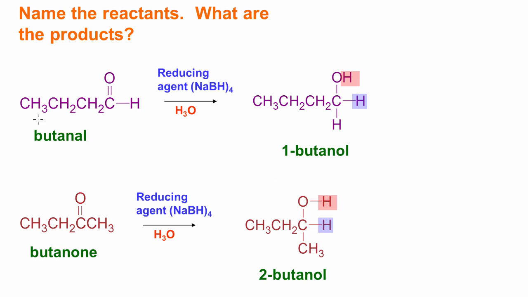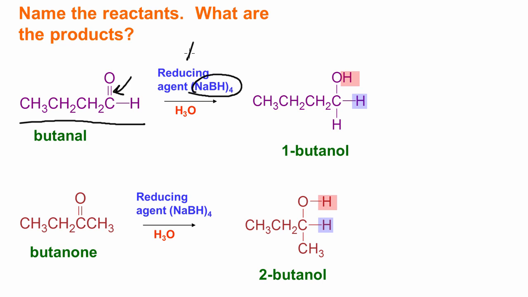So let's go ahead and look at the reduction of butanal. And so we know what's going to happen here. This double bond is going to partially break. Remember, we have that partial negative charge on the oxygen, partial positive on the carbon. So when that bond breaks, we have this sodium borohydride.